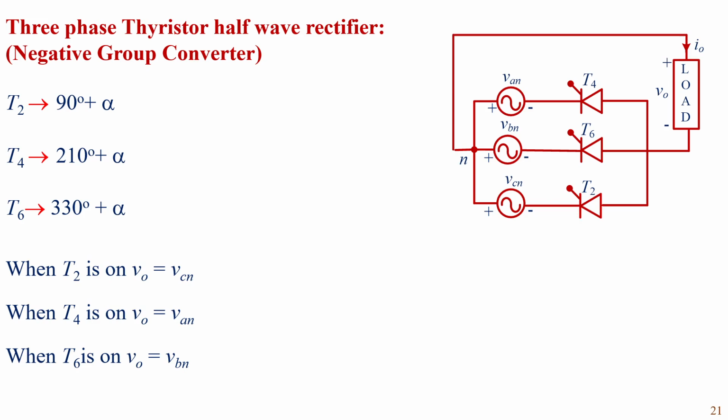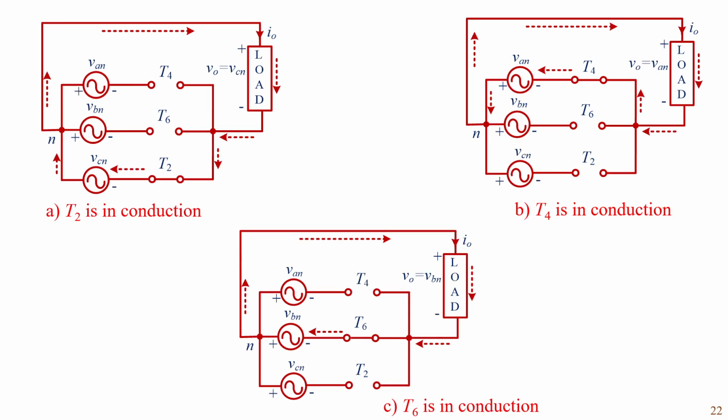T2 is turned on at 90 plus alpha, T4 is turned on at 210 plus alpha, and T6 is turned on at 330 plus alpha. When T2 is turned on, the voltage across load is VCN. When T4 is turned on, the voltage across load is VAN. And when T6 is turned on, the voltage across load is VBN.